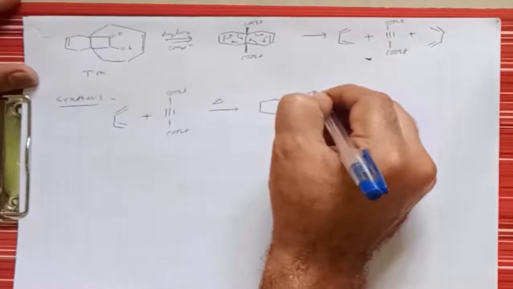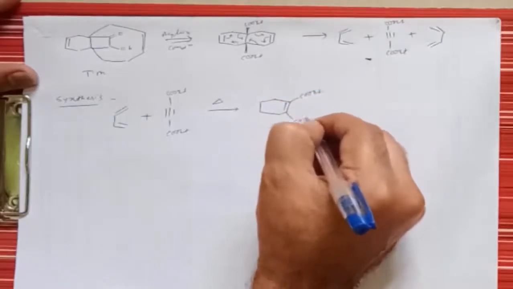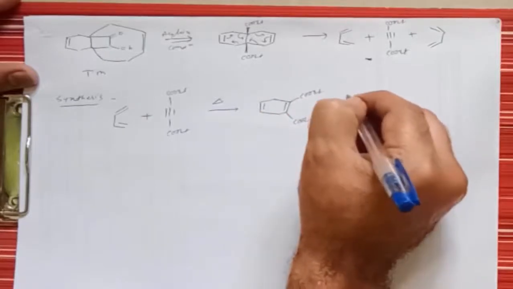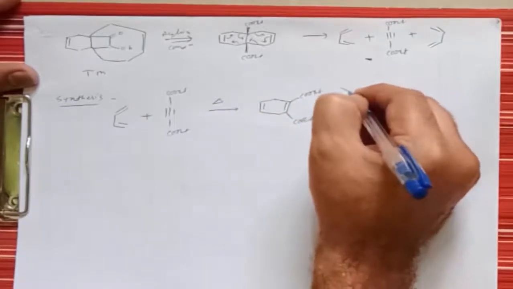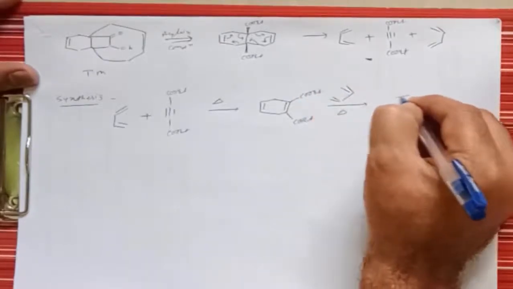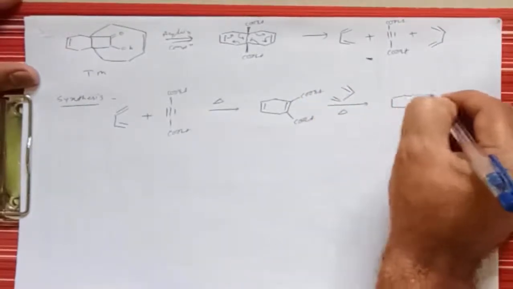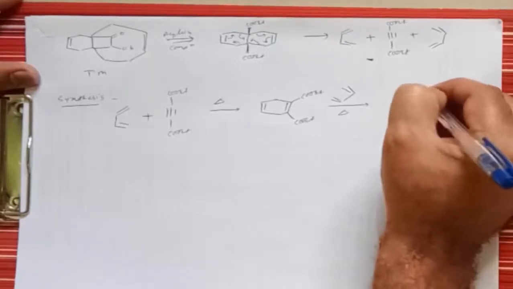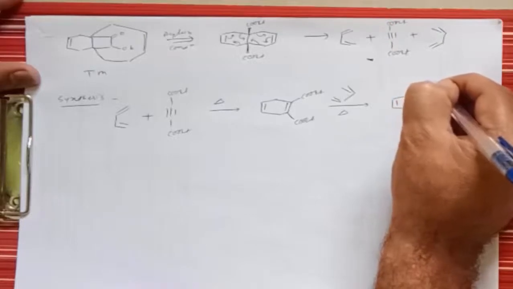Here is COOEt, here is COOEt, and here is a double bond. Again, if we treat this molecule with 1,4-butadiene and heat, what does it give? It gives formation of another cyclic system containing a double bond here, and it gives formation of COOEt.